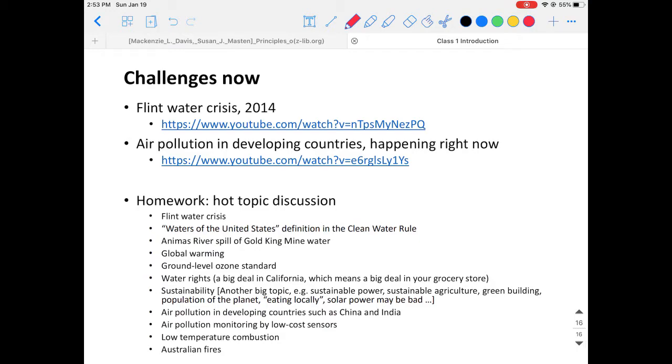So you may think that, well, environmental engineering has been developed for such a long time, and it seems that it's a quite complete system now. So why do we still learn that? It is because there are still a lot of challenges in environmental systems. Take the most recent water crisis, for example, the Flint water crisis in 2014.